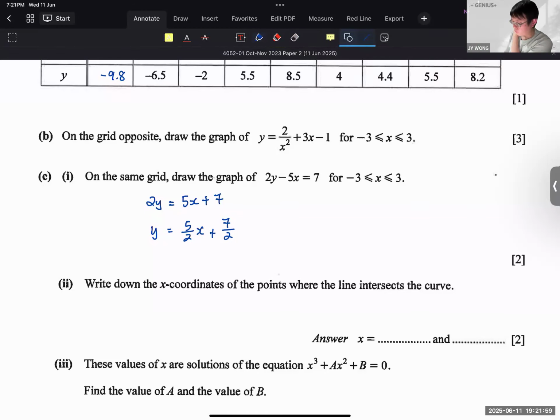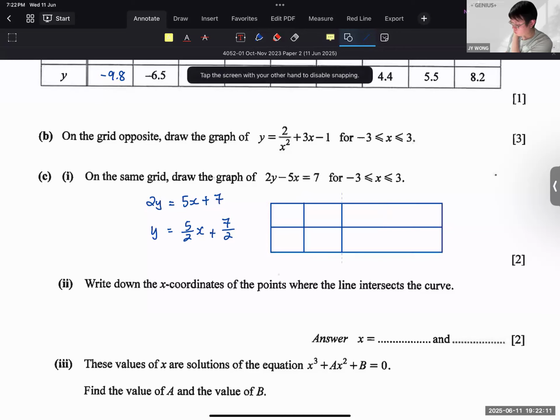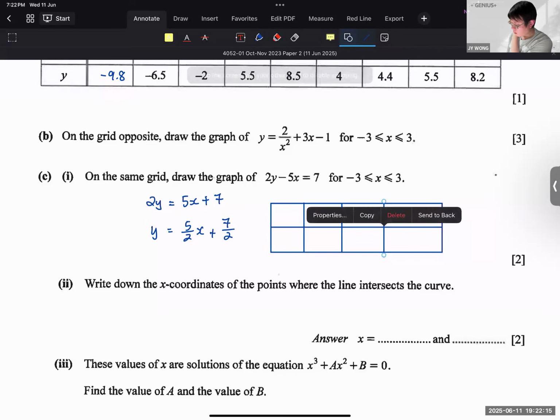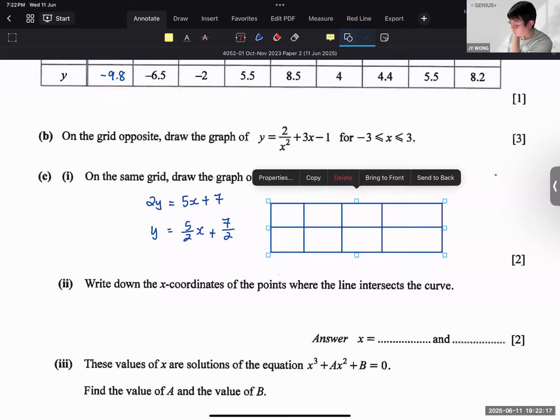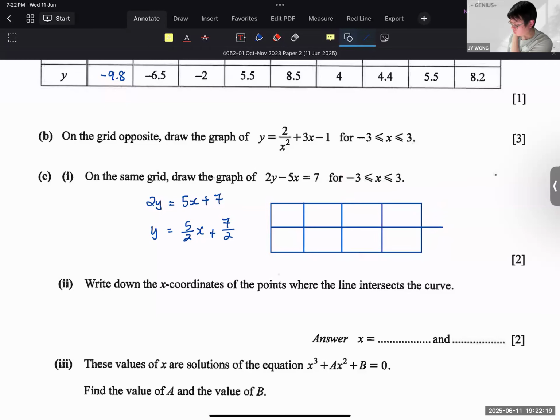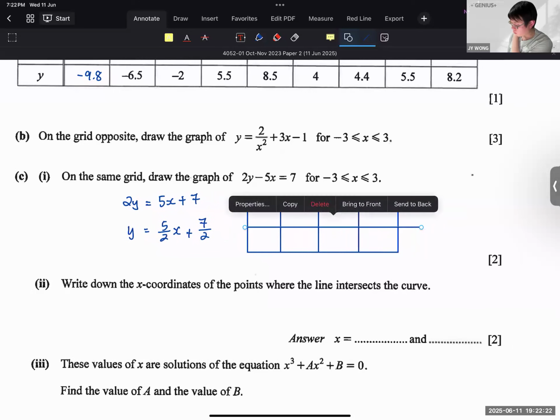From here, what you should have to plot and draw the graph is a table of values. That's why the question is a 2-mark question. Your table of values here actually carries 1 mark. If I wanted you to draw the graph without a table of values, I would have given the question as a 1-mark question.